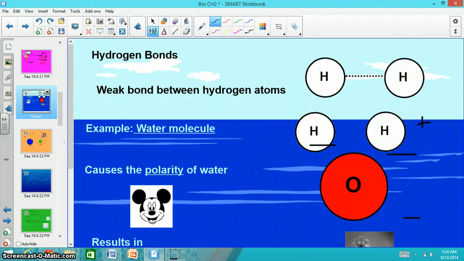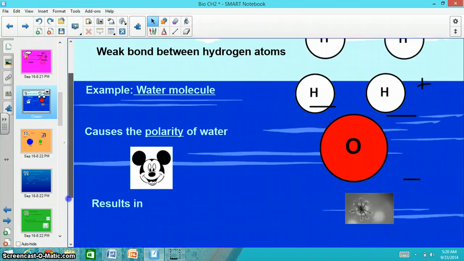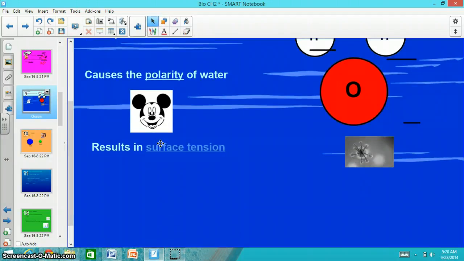The hydrogen side is going to be attracted to the oxygen. And we end up with surface tension, which is what allows bugs to walk on water. That's what you saw with the paperclip lab and the penny lab, that polarity is what allows those water molecules to stick together.